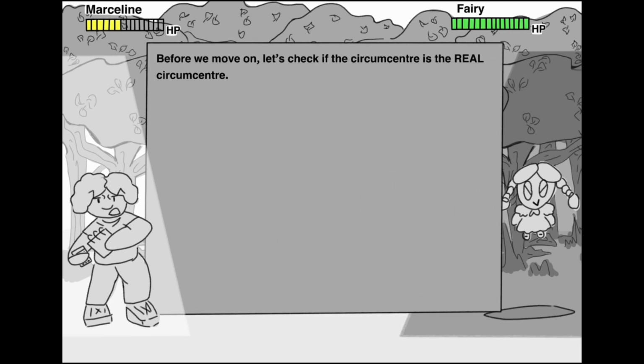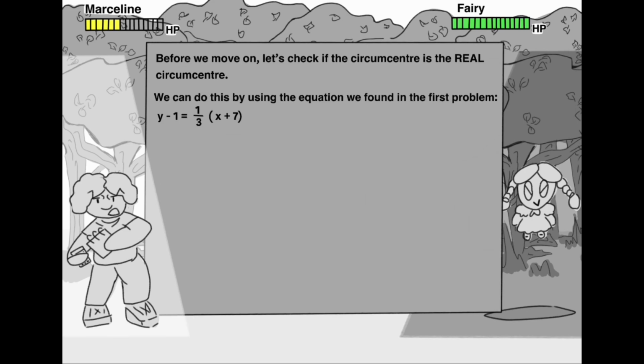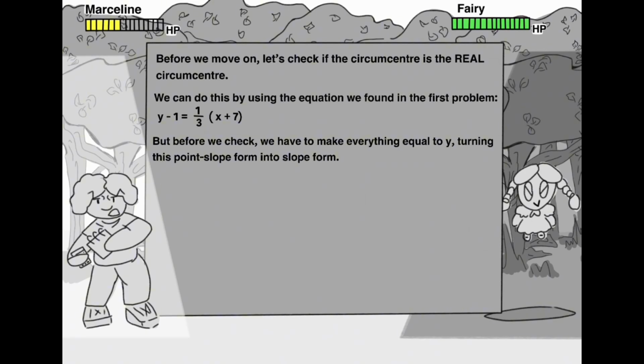Before we move on, let's check if the circumcenter is the real circumcenter. We can do this by using the equation we found in the first problem. But before we check, we have to make sure everything is equal to y, turning this point-slope form into slope form.